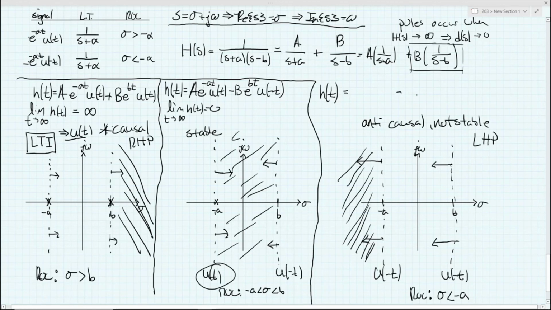Well, that's going to be minus b e to the bt times u of negative t, because it's just going to match this one that's right here. And then all we have to do for this other one is we add the negative sign in front. So we have negative a e to the negative a t u of negative t. And that's what it's going to look like.